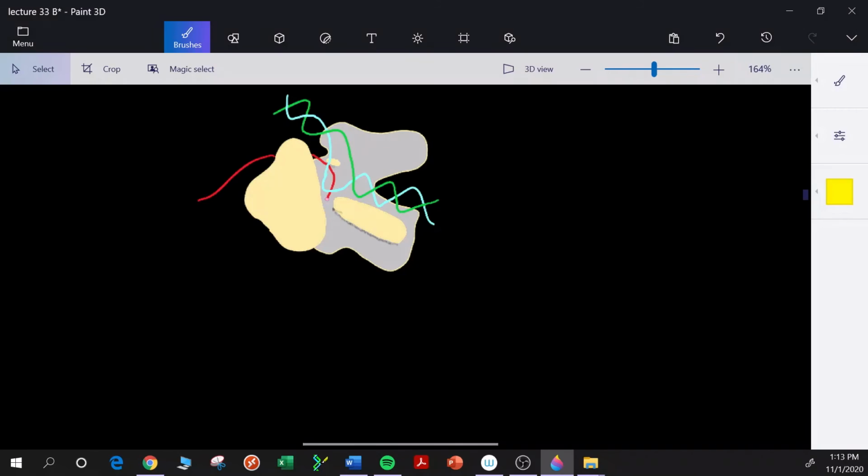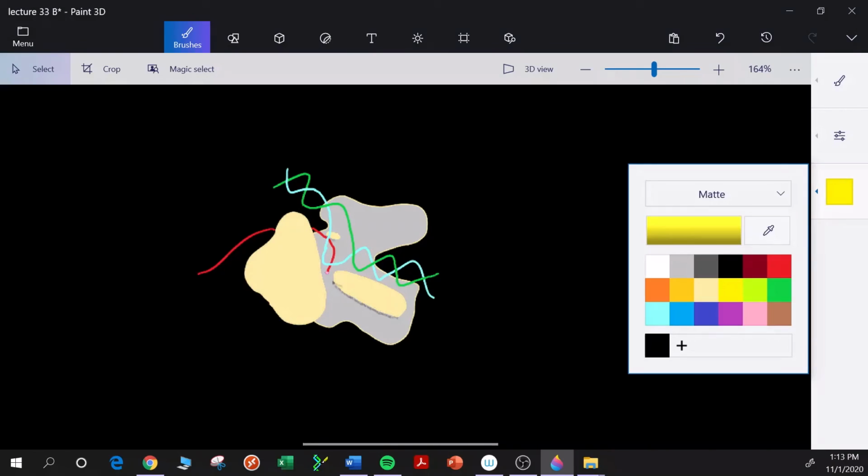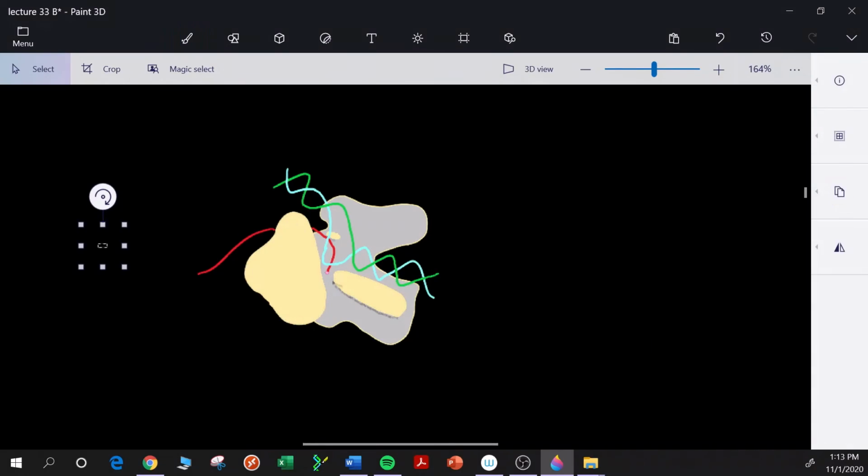What it is supposed to be is a cross section, like if we had RNA polymerase 2. Now this would be a cross section of the polymerase. This is Pol 2 transcribing a nascent RNA.